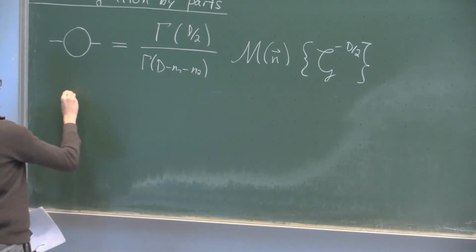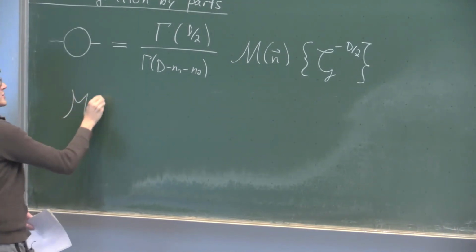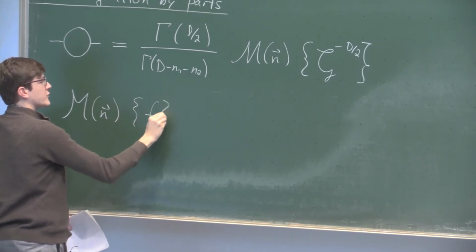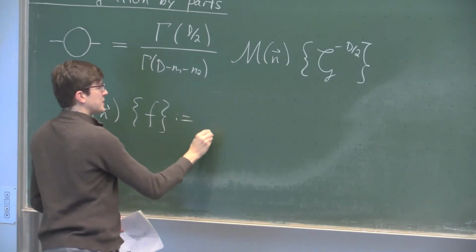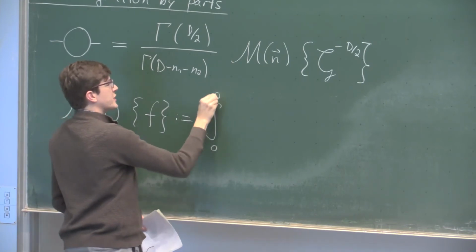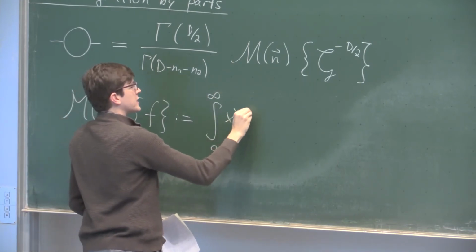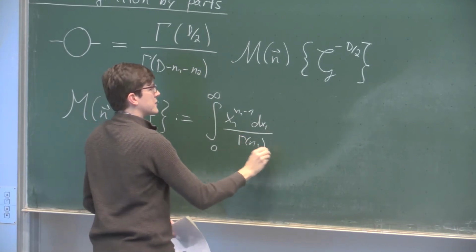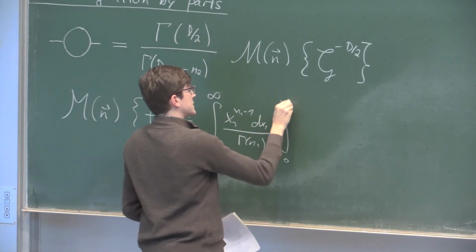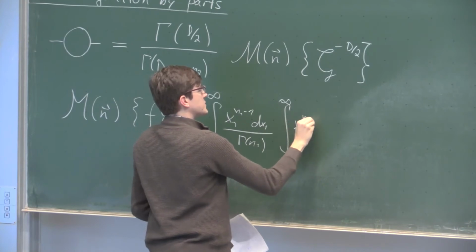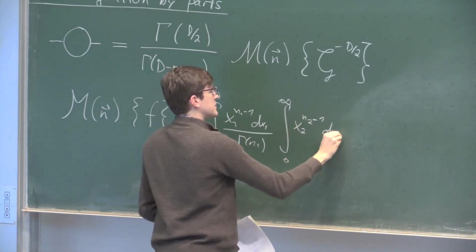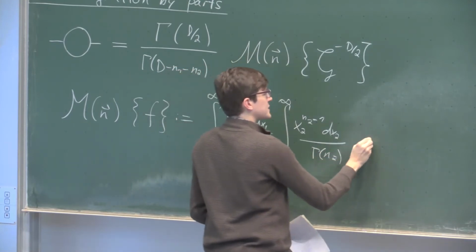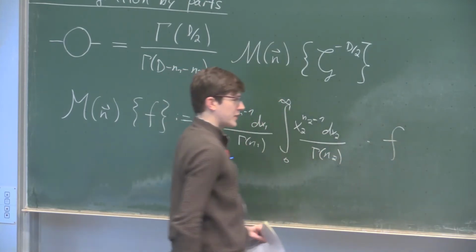So I define this M, which stands for Mellin transform, of some function f. I define this to be the integral from 0 to infinity of x1^(n1-1) dx1 over gamma n1, times the integral from 0 to infinity of x2^(n2-1) dx2 over gamma n2, times f.